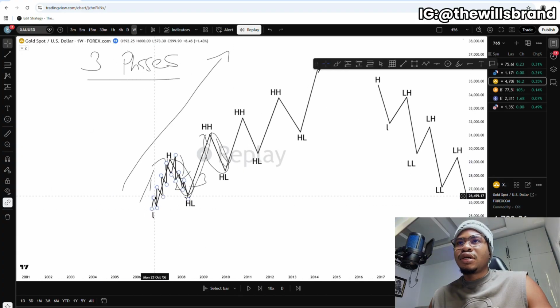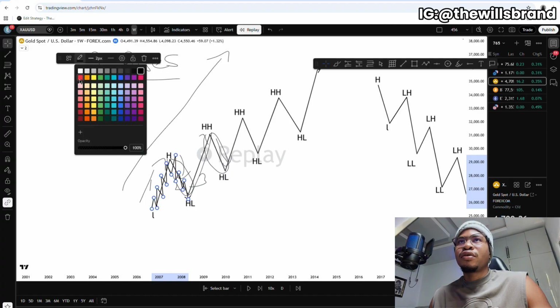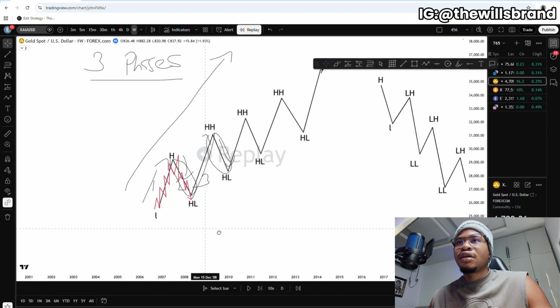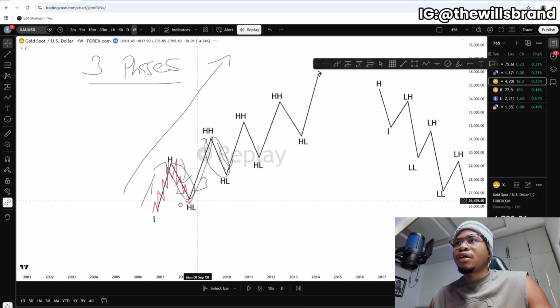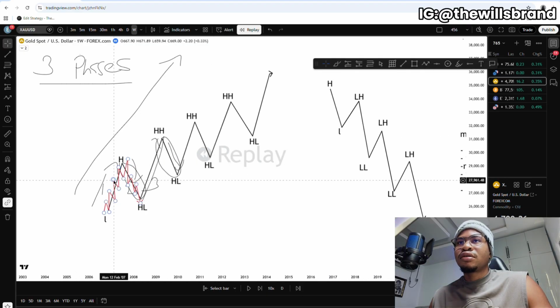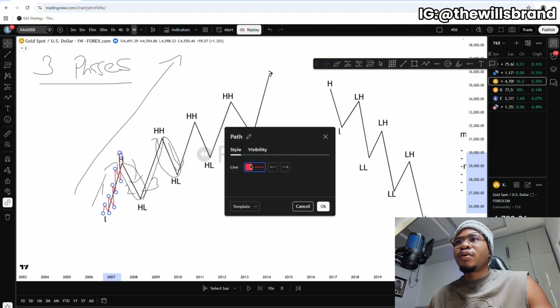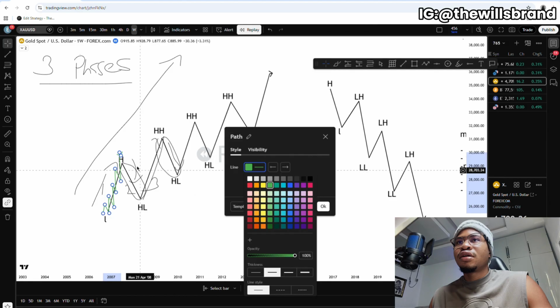I'm going to keep it this way, then change this to another color, let's say red. Let me take this off and do it properly. Let's say this. We are going to change this to green.